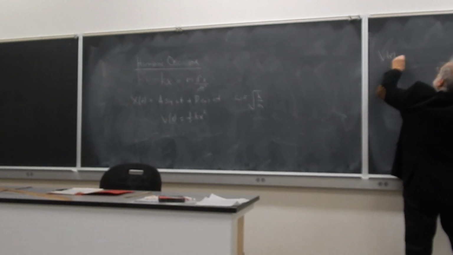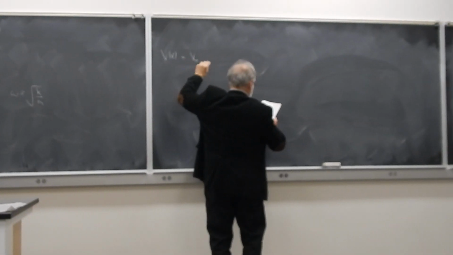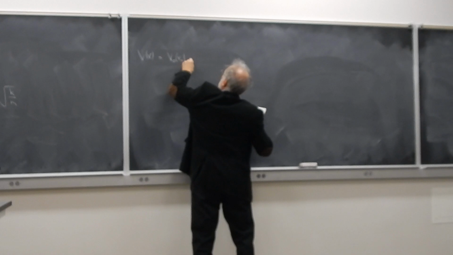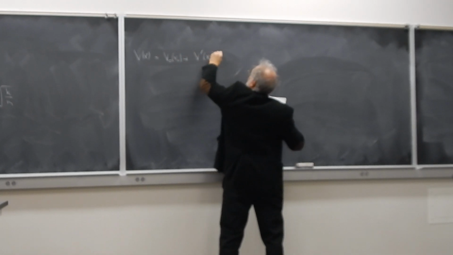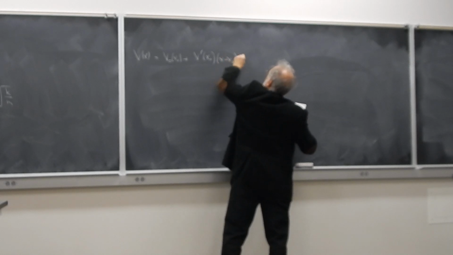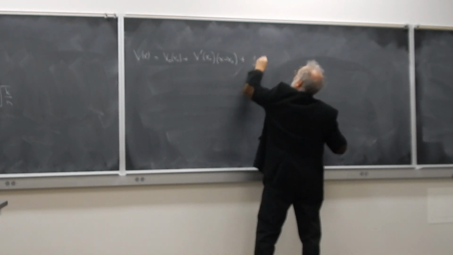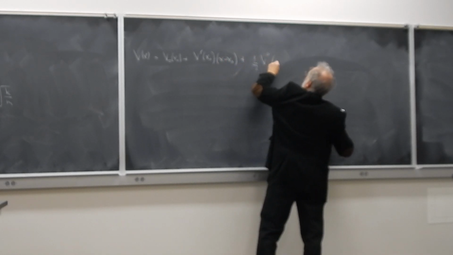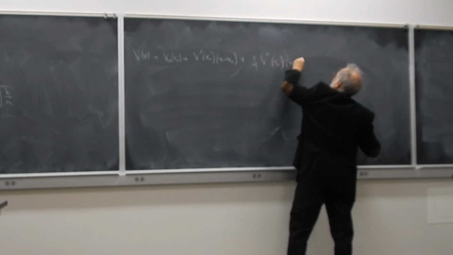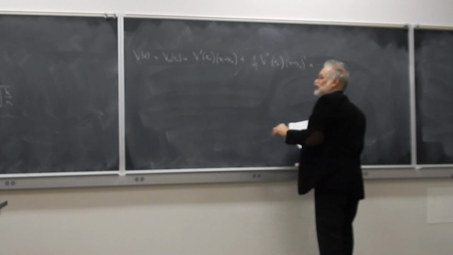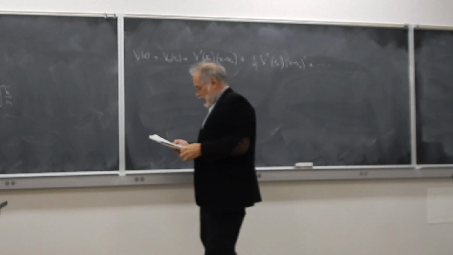I've got V of x is V naught of x naught plus V prime of x naught times x minus x naught plus 1/2 V double prime of x naught times x minus x naught squared plus higher order terms, which we're not going to worry about.